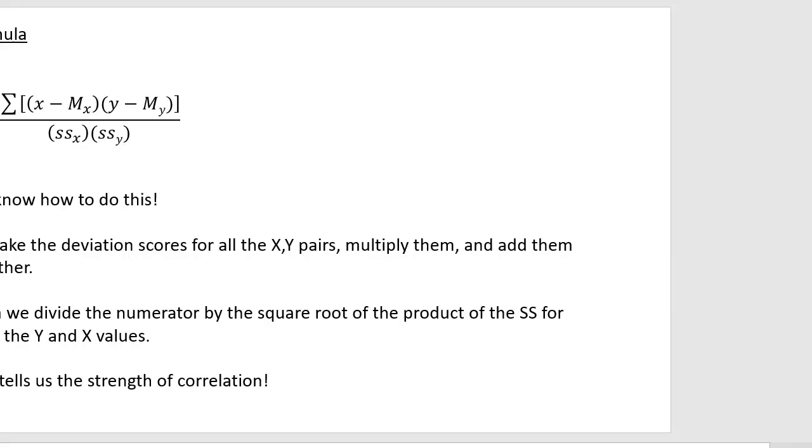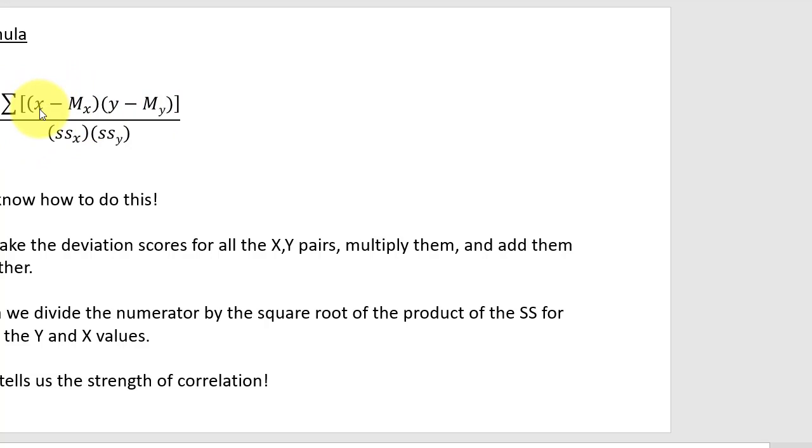So let's take a look at the formula for calculating the R coefficient. Now, this is a formula that we can use to calculate the R coefficient that uses raw scores. So if we had the raw scores for the hours slept and the mood, we could plug all that information in here and come up with an R value. And I'll just walk you through the logic of it, and you can see what's going on here.